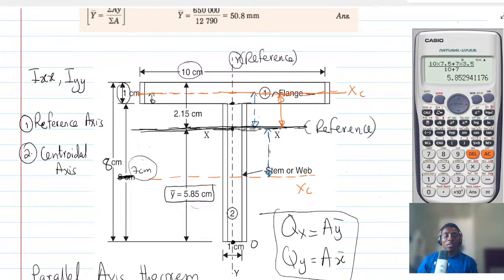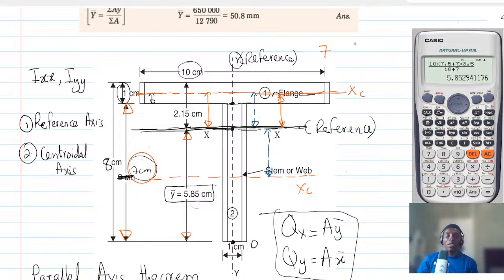Okay, let's see. The whole of this distance here is 7. From here all the way here is 7. But we just saw that this distance from here to here is 5.85. So who can tell us this distance here? Someone said 1.65. You are right. But how did you get the 1.65? It's simple.